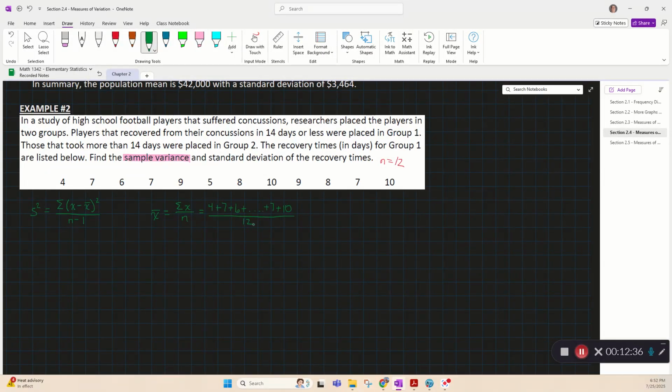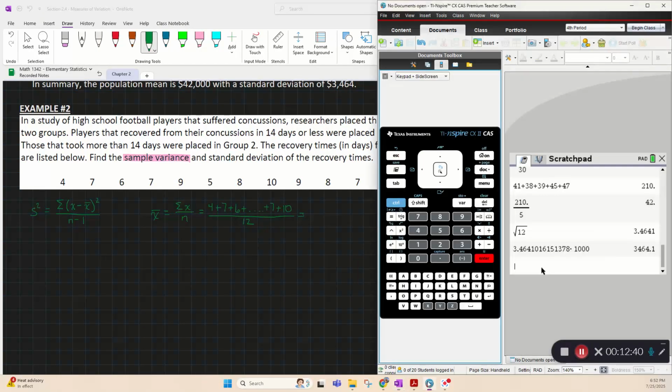Divided by 12. Okay, so let's add those up right quick. 4 plus 7 plus 6 plus 7 plus 9 plus 5 plus 8 plus 10 plus 9 plus 8 plus 7 plus 10. 90. Divide that by 12. 7.5.